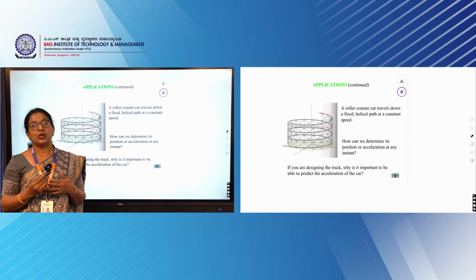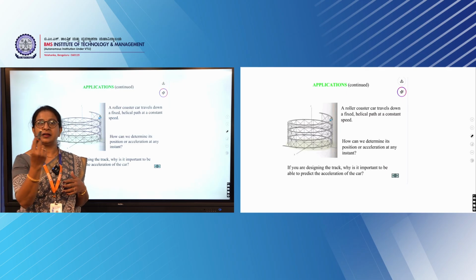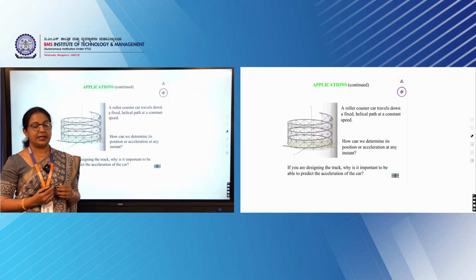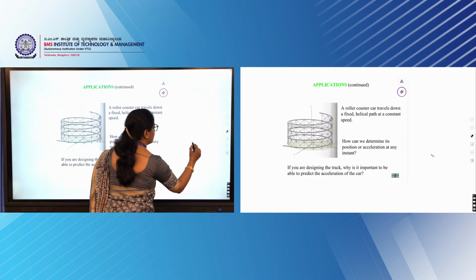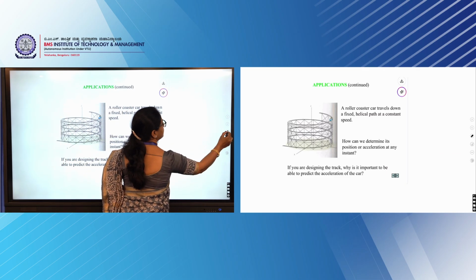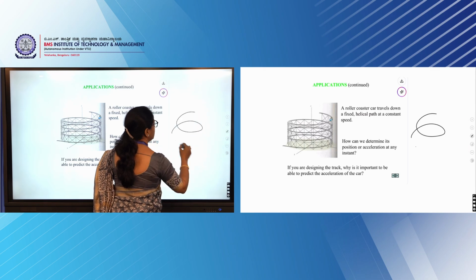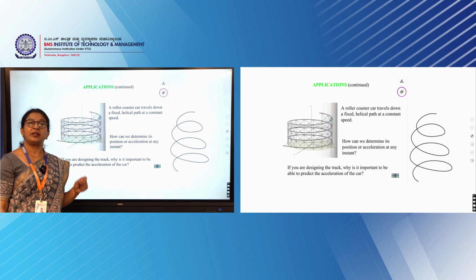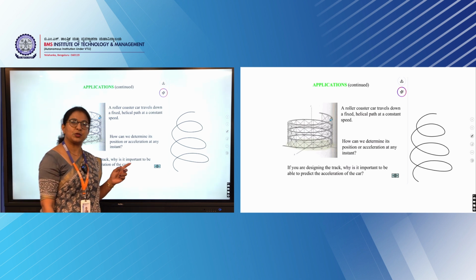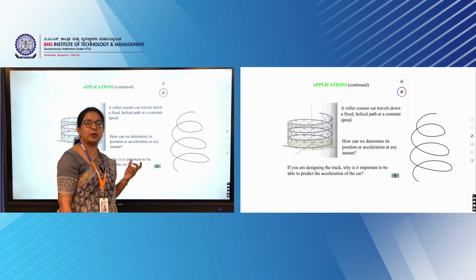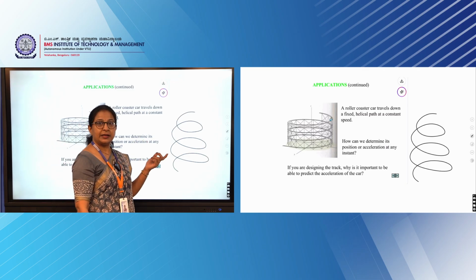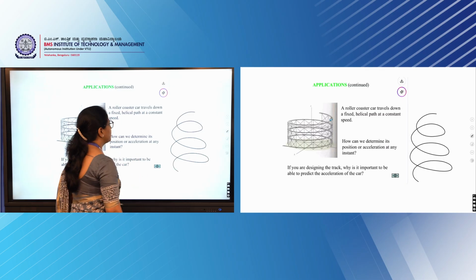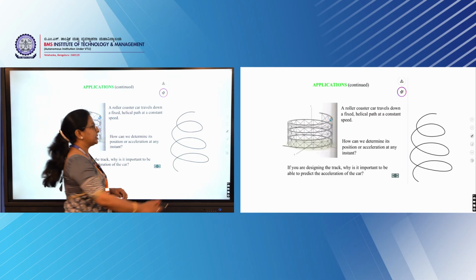What kind of maths goes into constructing a roller coaster? It's a spiral form, so it will be like this. When it is in this form, it is very difficult to find the position of any point in the Cartesian coordinate system, so we go for a system called the polar coordinate system.